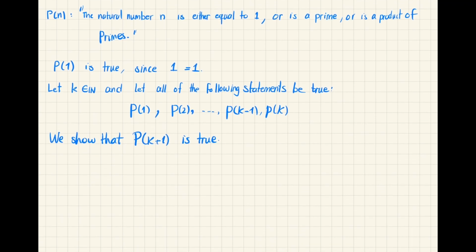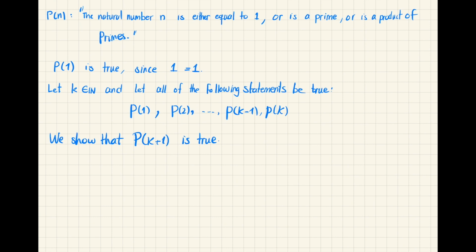But if you don't mind, let me write P of k plus 1 explicitly again here. So what is P of k plus 1 that I am going to prove its truth? Okay? The natural number, so what I need to do, I need to replace n with k plus 1.